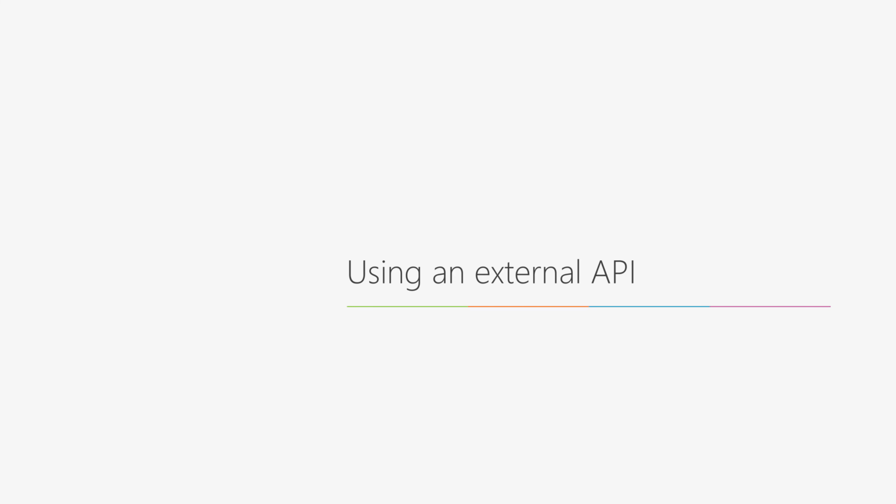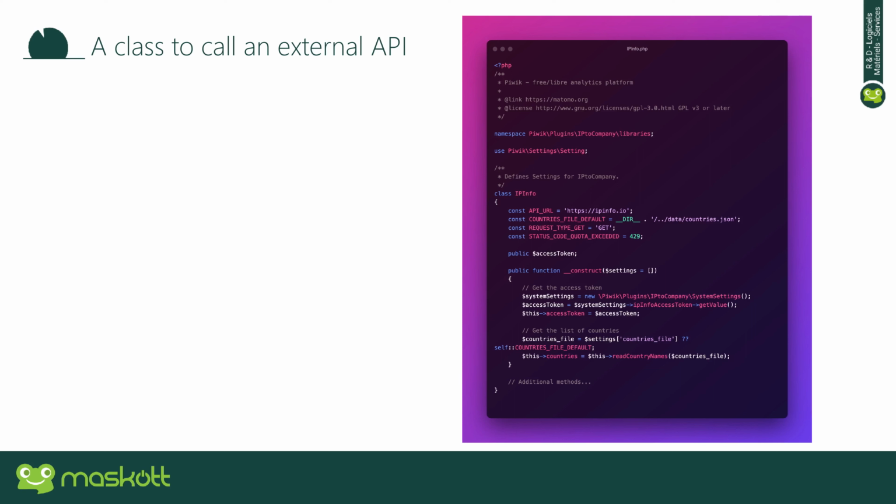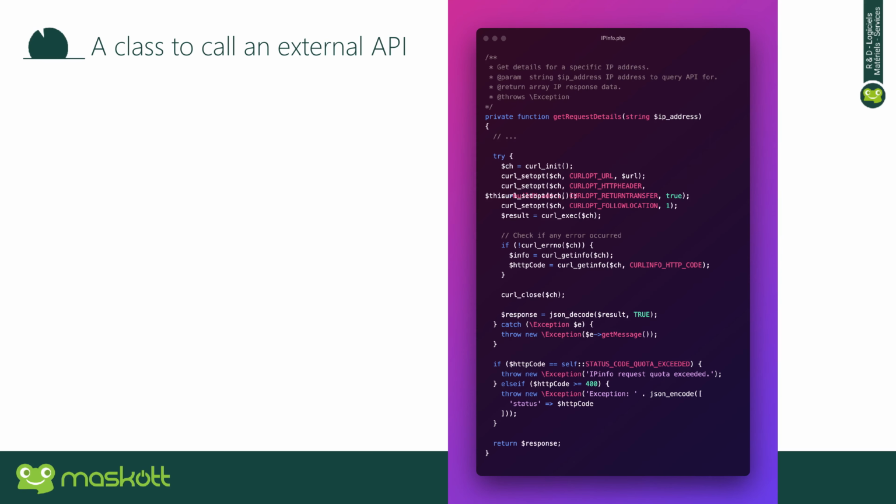You can also use an external API. We've seen that before. So here is my IPinfo class. And in this IPinfo class, I have other methods that actually perform requests towards this IPinfo API. And what do these requests look like? It's described here with the getRequestDetails method. And as you can see, it's a very simple curl request.